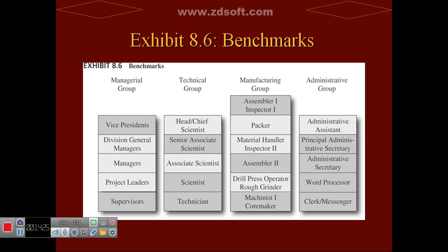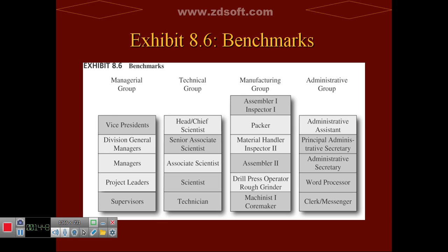So the company which is planning to design an externally competitive compensation strategy will consider these kinds of jobs, or survey how much salary is paid for these kinds of jobs in a competitor company.